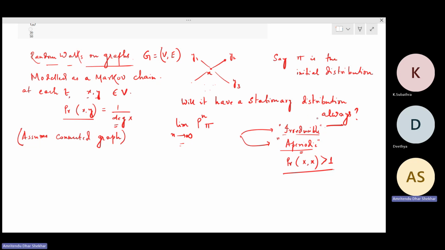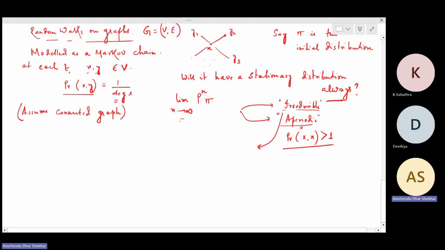And irreducible means that there exists an R such that, if you write the transition matrix as P, and take P to the power R, then P^R of X comma Y is greater than 0. Now the question is, is this irreducible?